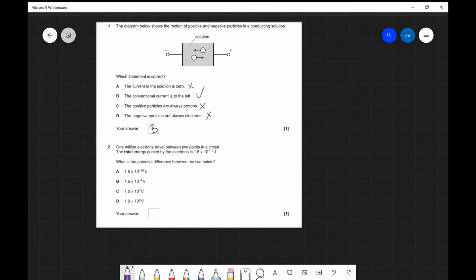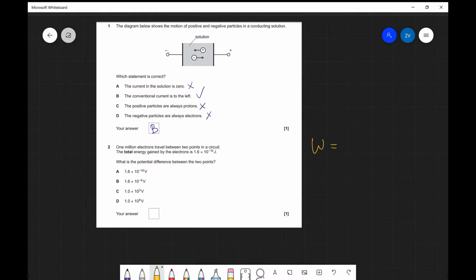Let's go through the second one. We have 1,000,000 electrons travel between 2 points in a circuit. The total energy gained by the electrons is 1.6 times 10 to the power of minus 10. What is the potential difference between the 2 points? Okay, well, let's calculate the energy per electron.